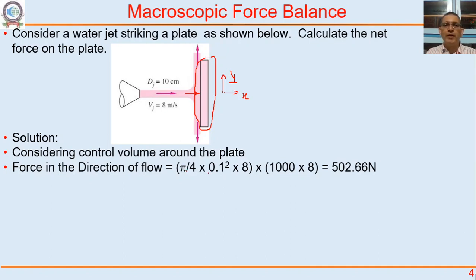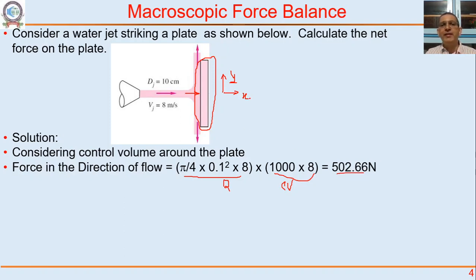It's pi by 4 multiplied by diameter 0.1, 10 centimeters, 0.1 square, 8 meters per second. That's the volumetric flow rate. So this is our Q. And this is our rho into V, momentum per unit volume. So you'll find that the force arising out of this momentum entering is 502.66 newtons.